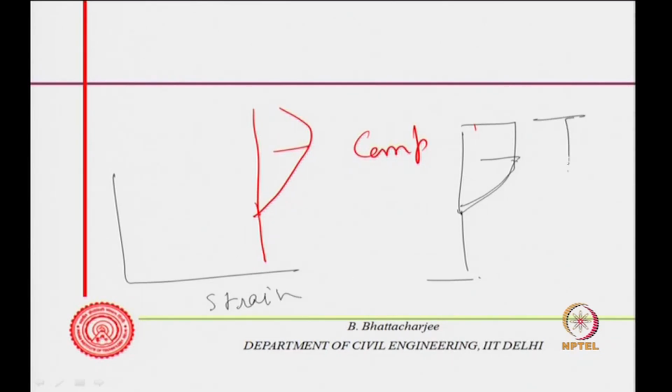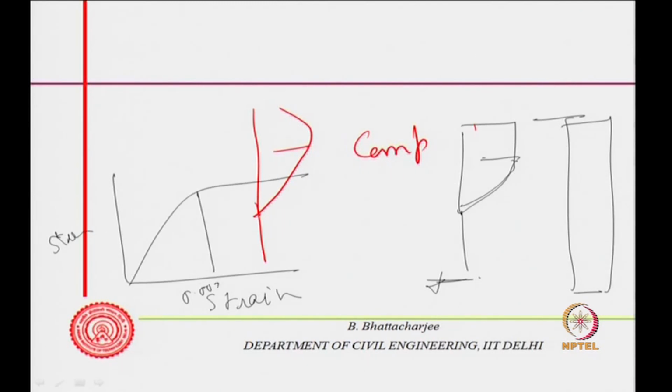If I am looking at a section of a beam, this is the steel reinforcement, this is the concrete. The stress strain curve will be like this, stress versus strain. If you have seen the idealized stress strain curve, it will be 0.002 here and 0.0035 here, and this is fc, the maximum failure stress. Now, this is an idealized stress strain curve of concrete.